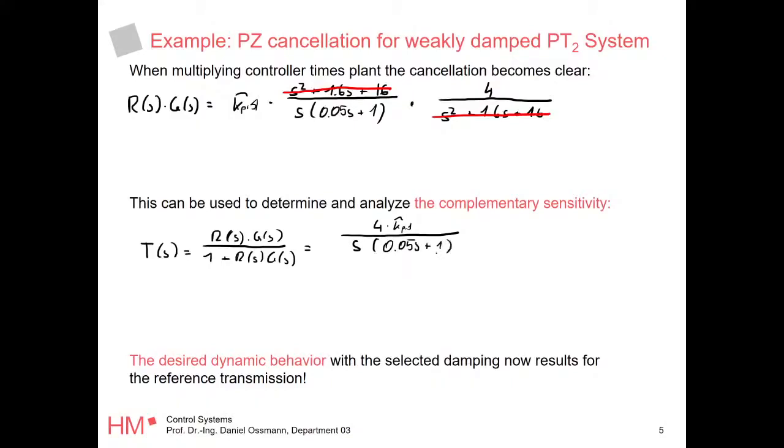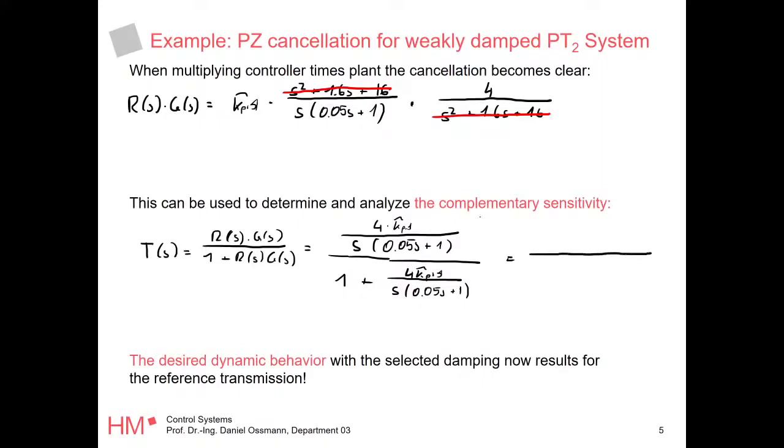Over 0.05 S plus 1, over 1 plus the whole thing again, over S times 0.05 S plus 1. Now we need to multiply that out.